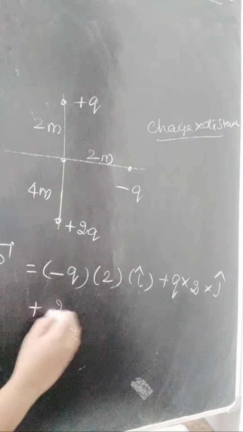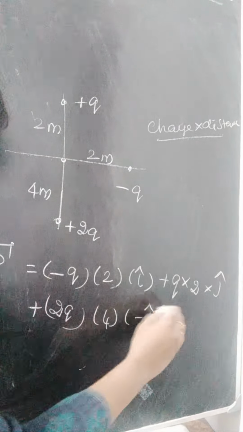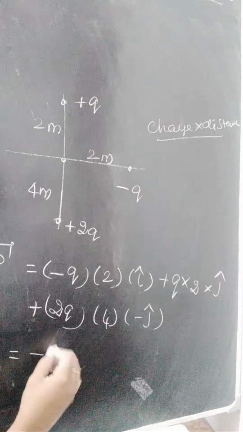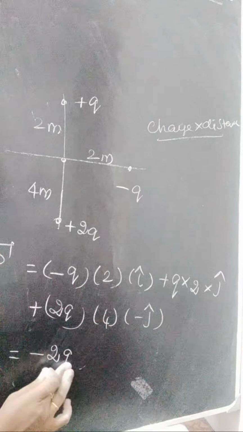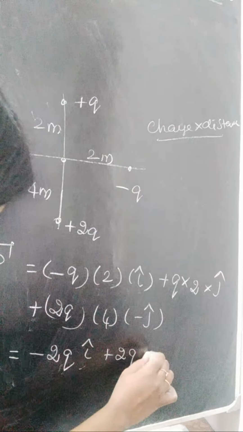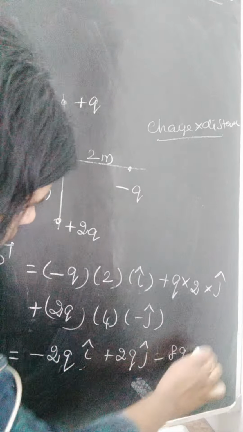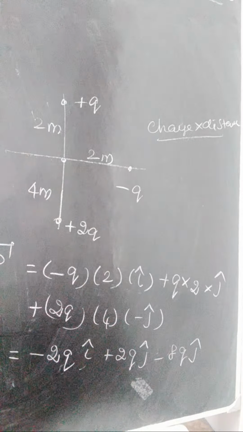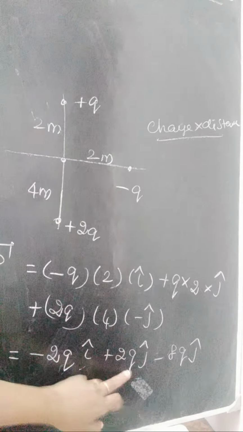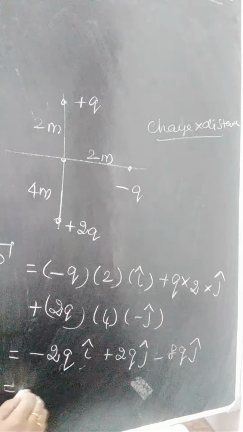What about the next one? Plus 2q into 4 into minus j cap. So if I add: minus 2q i cap plus 2q j cap minus 8q j cap. Am I correct? And this one will get minus 6q, and here it will remain the same. So what is the value?